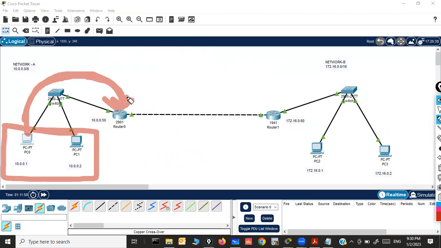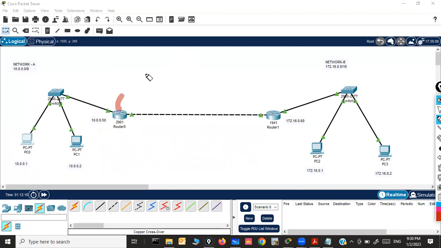That gateway takes the packet. I don't know how to route the packet, I don't know where the destination is, I have no idea. What I know is that I want to go out of this network, so you are my exit point. Take my packet and do the needful. This device will do the needful, because maybe in a real environment there can be another path, another router, to reach the same network.